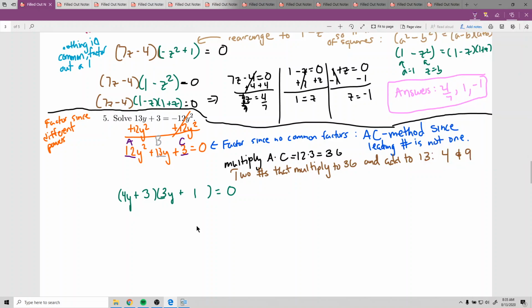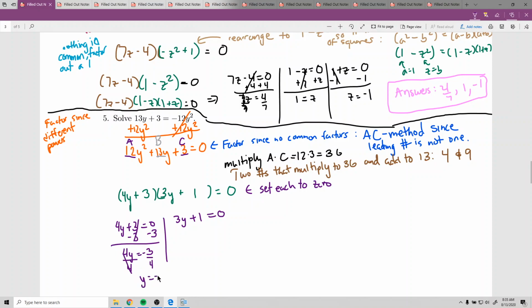Now that that's factored, then we can set each factor to 0. From here, it's all the same as the other ones. We got 4y plus 3 equals 0, and 3y plus 1 equals 0. Solve the one on the left, we subtract the 3 from each side. We got 4y equals negative 3, and then divide by 4.